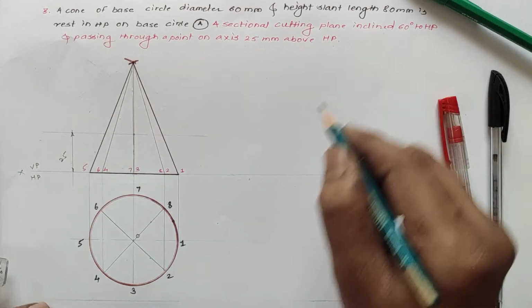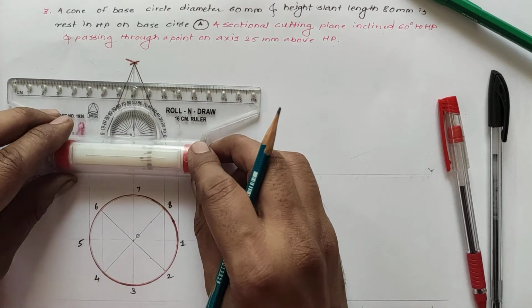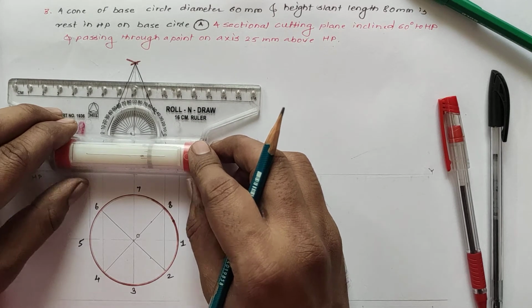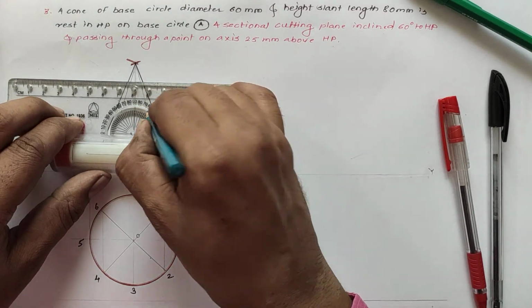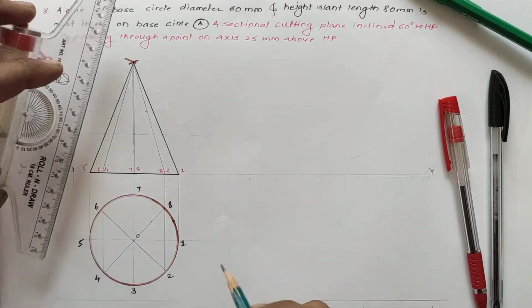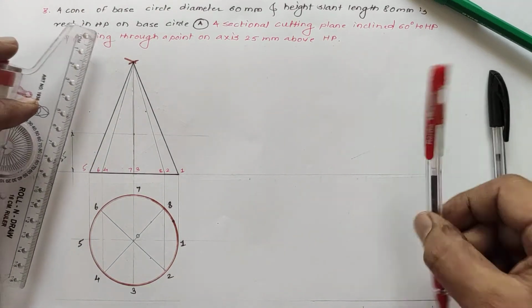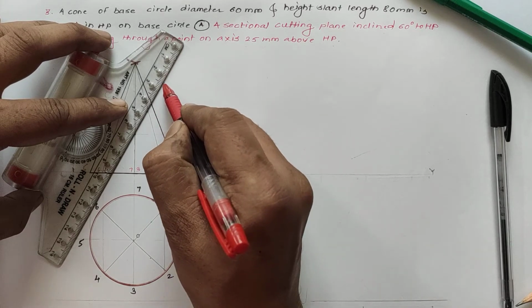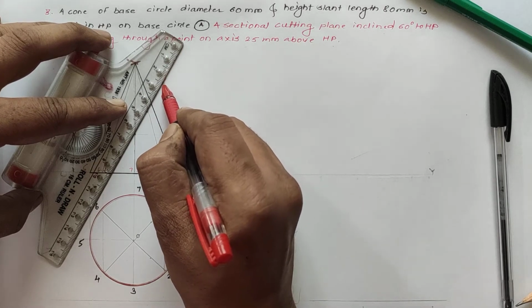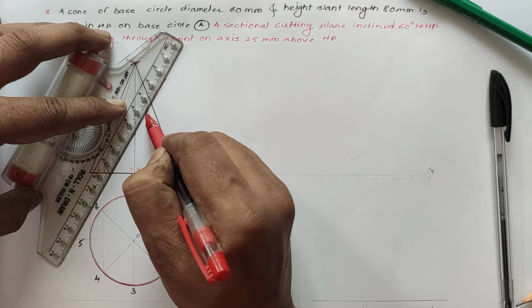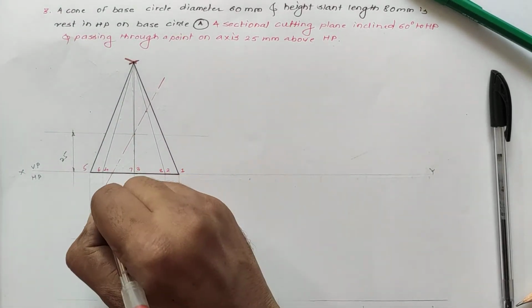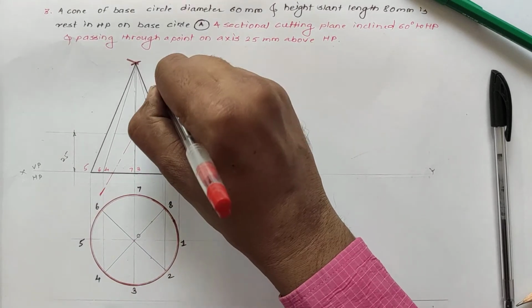From this point we pass the sectional cutting plane at exactly 60 degrees. To draw the cutting plane at an angle of 60 degrees, 25 mm above the HP, this is the cutting plane.